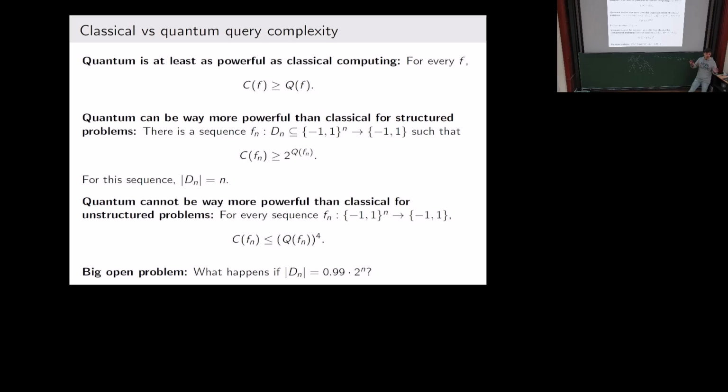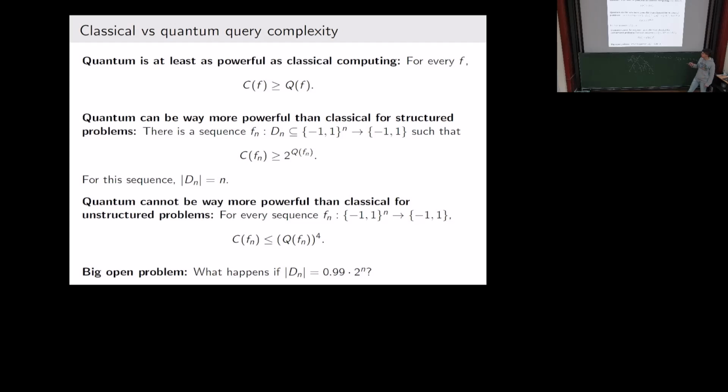The conjecture is that in this setting there is no real exponential quantum speedup. So we need structure to obtain exponential quantum speedup. The big unproven conjecture in quantum computing is that to obtain exponential quantum speedups, you need structure. I don't know if there are any questions.